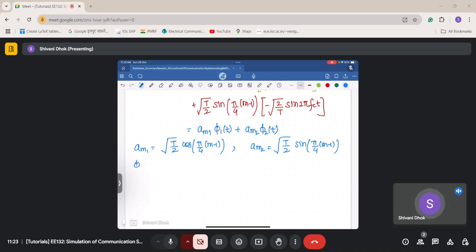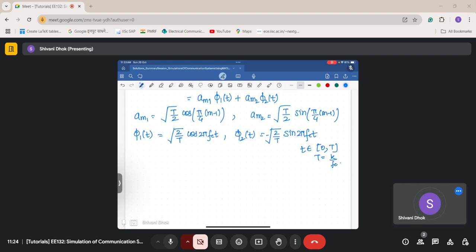Moreover, here phi 1 of t is equal to square root of 2 by T cos 2 pi fc t, and phi 2 of t is square root of 2 by T with minus sign sin 2 pi fc t for t belonging to 0 to T, and your T is some integer multiple of 1 by fc. Okay.